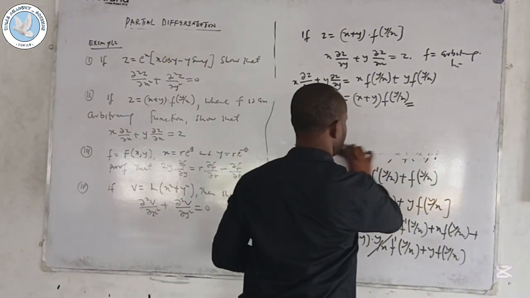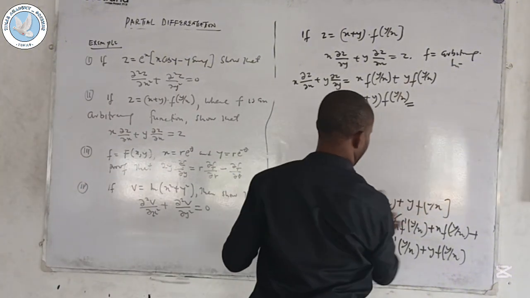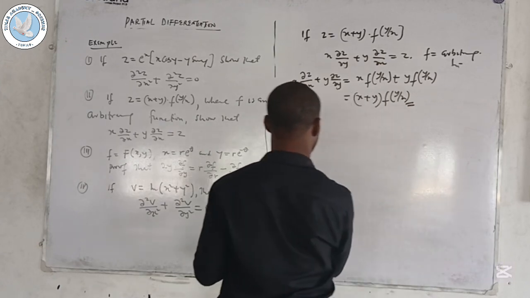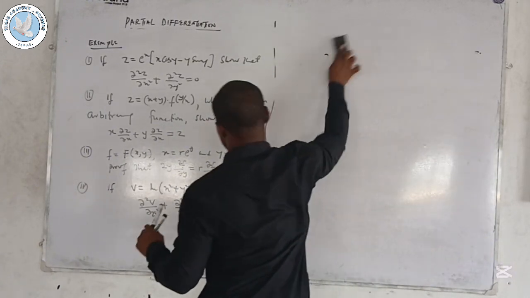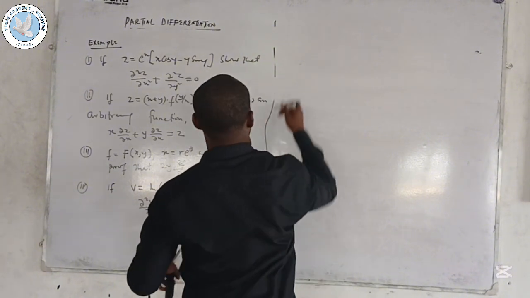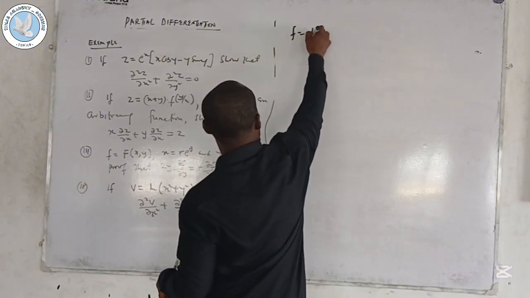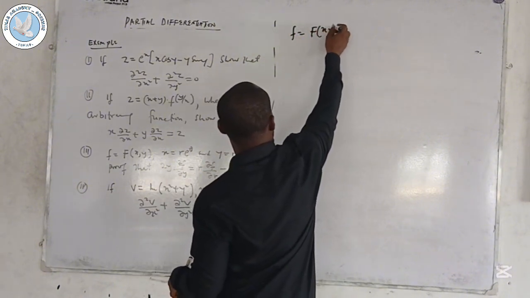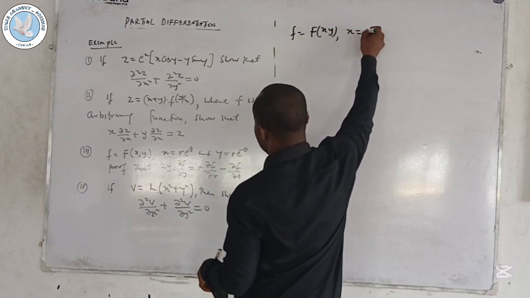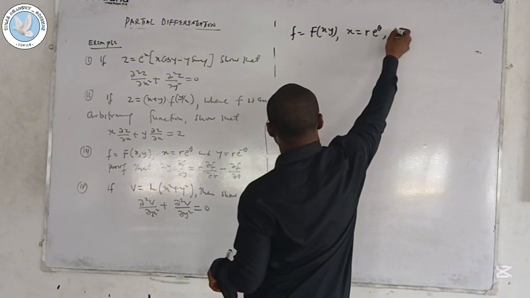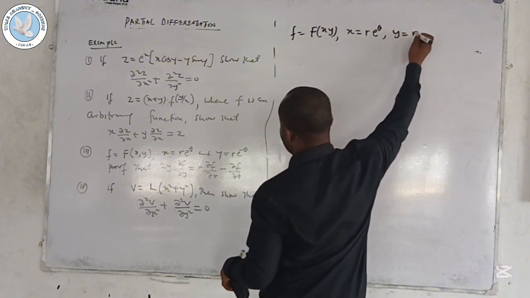Number three question, let's see how we're going to handle number three question. We are given that f is this, whereas x is r and y is this.